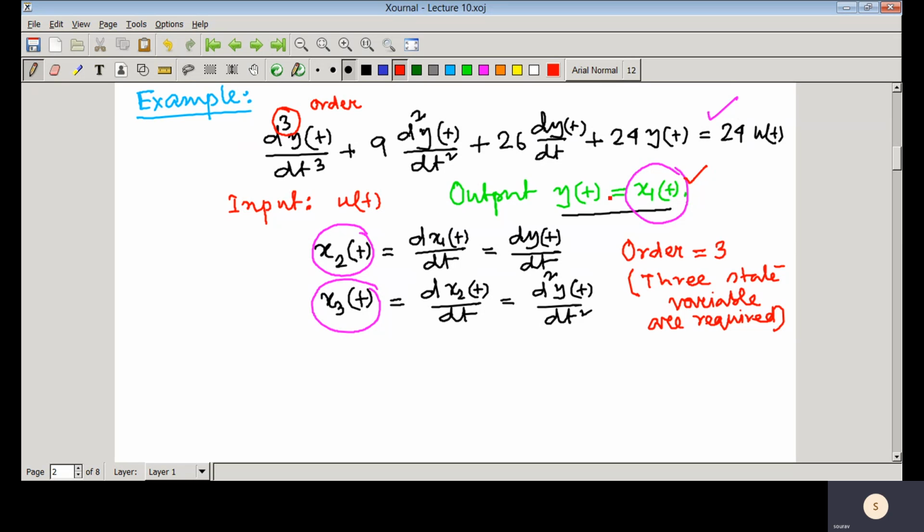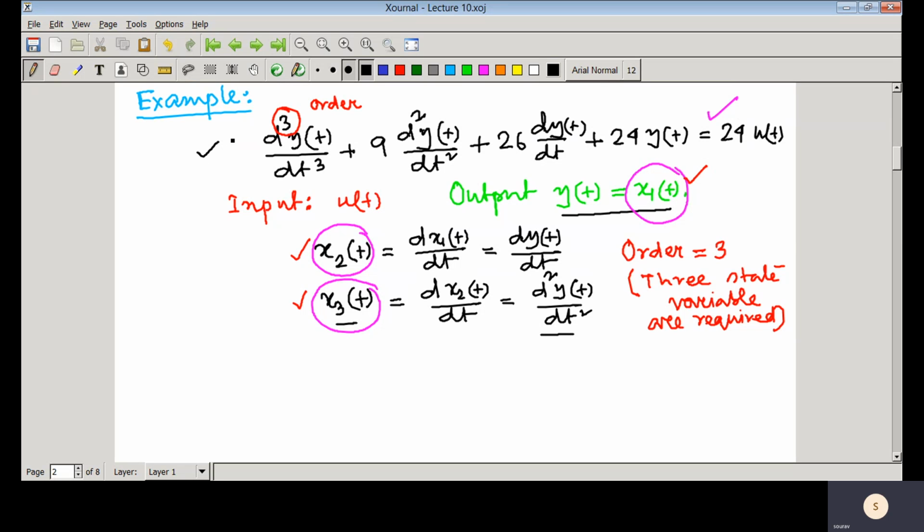So suppose that output is one state variable, then you define the other two state variables in that way. Now if you represent this dynamical system, here you can see x3(t) is equal to d2y/dt2.